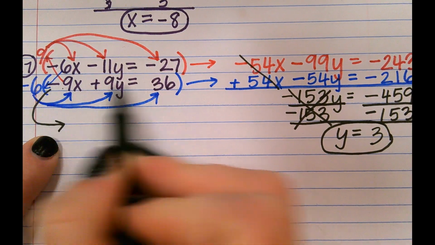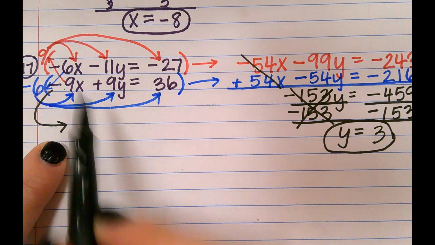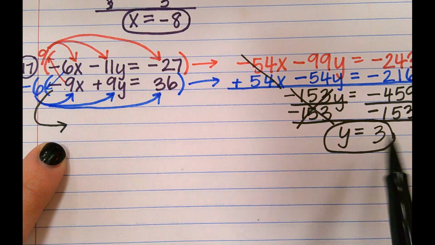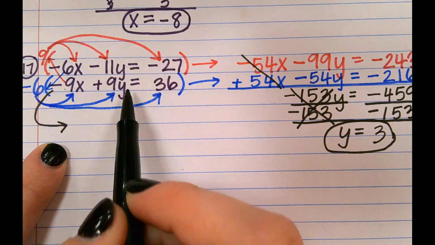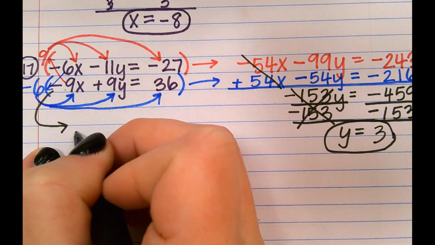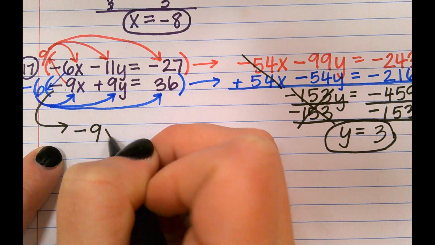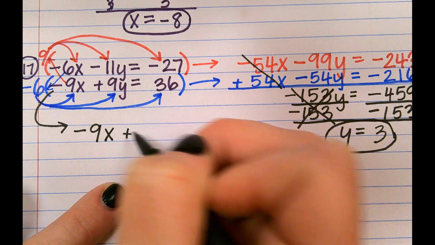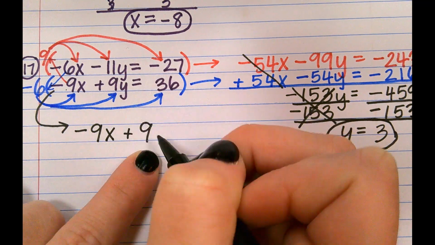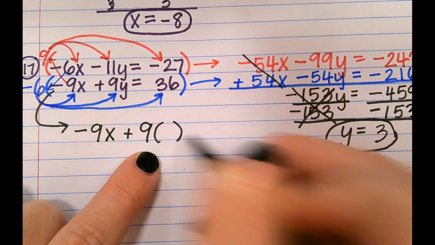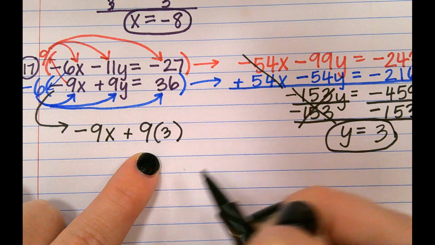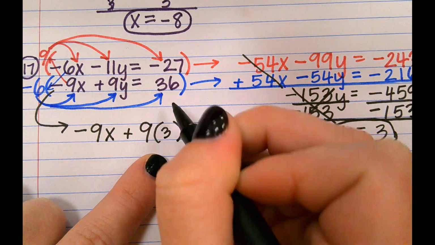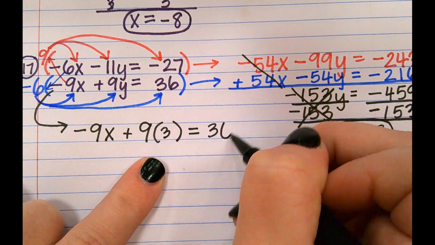We're going to rewrite the bottom equation, but instead of y, we plug in 3. So negative 9x plus 9 times 3 equals 36.